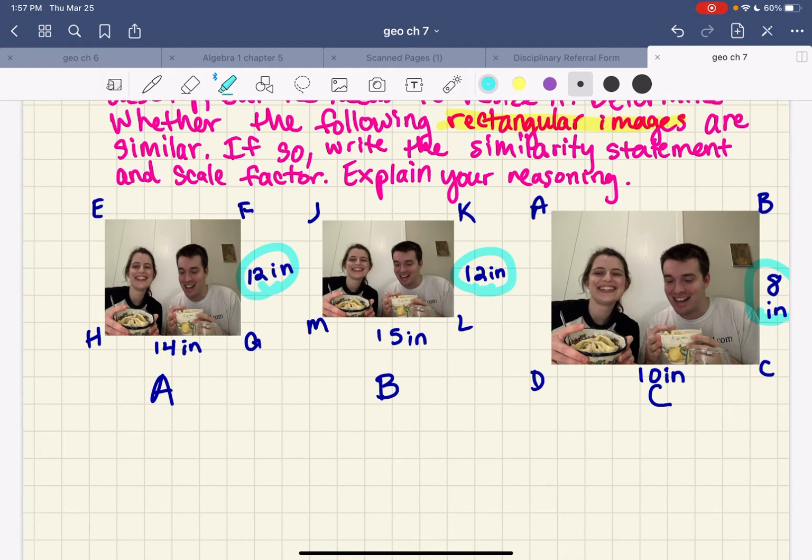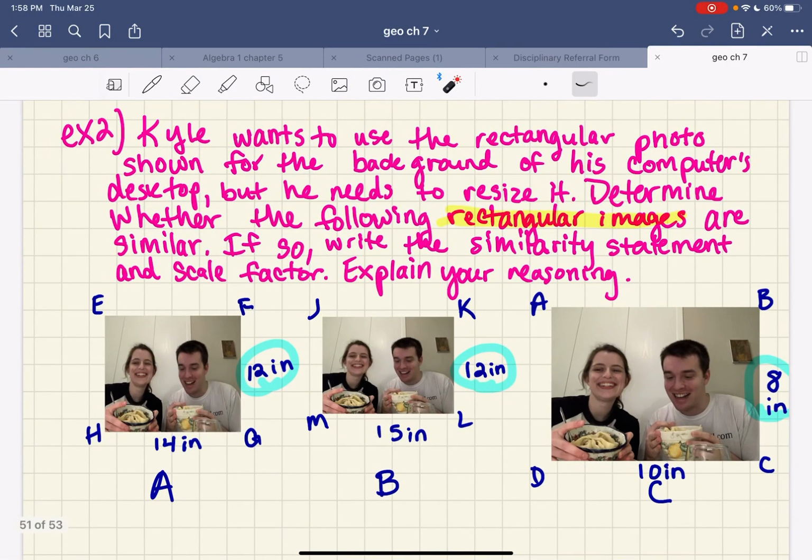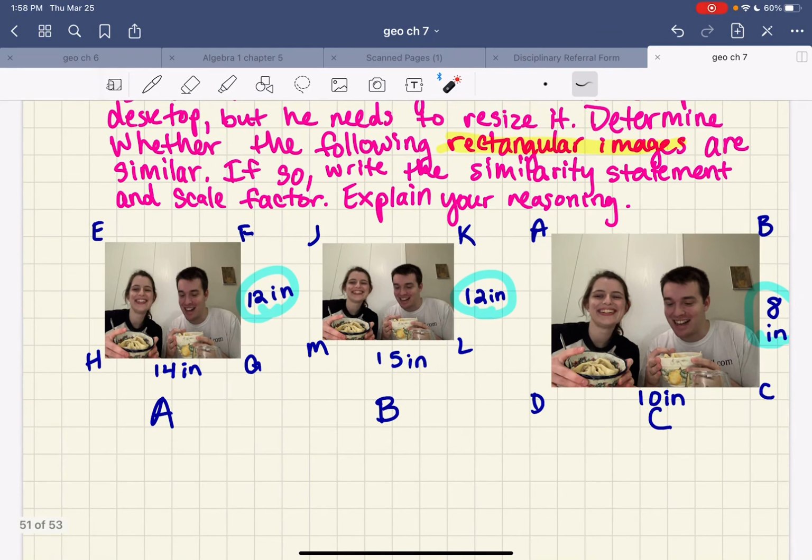That seems to be the same side in all of these, because it's literally that side of the picture.